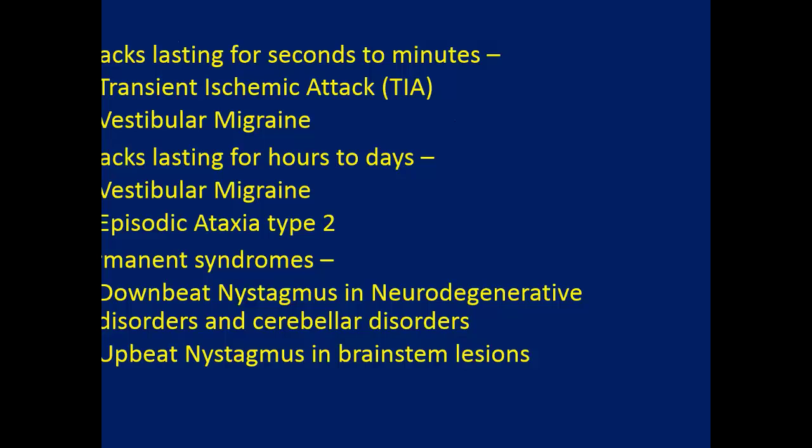So these patients have attacks lasting seconds to minutes, like TIA, and then hours to days, like vestibular migraine. Permanent syndromes include downbeat and upbeat nystagmus. These conditions are central causes; cerebral disorders can be treated medically.